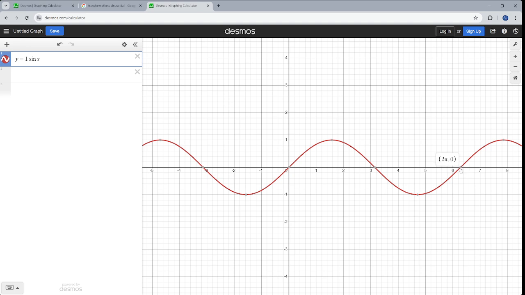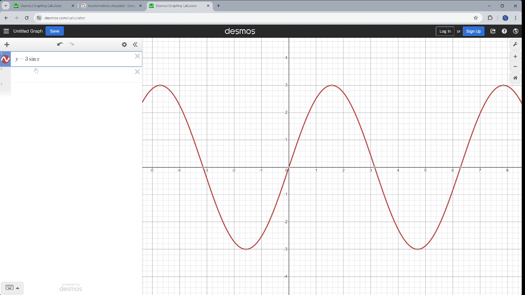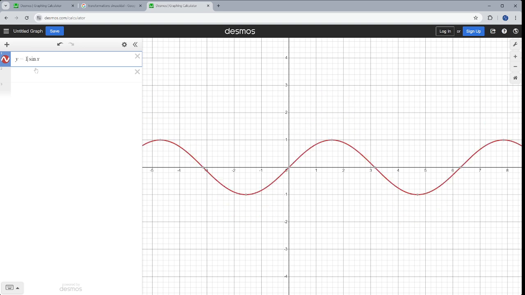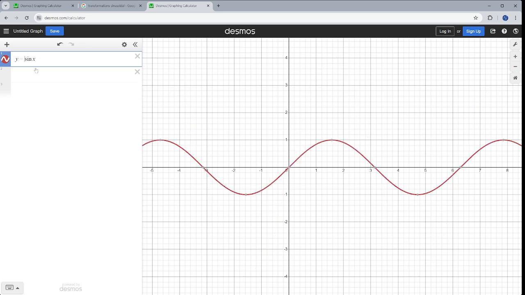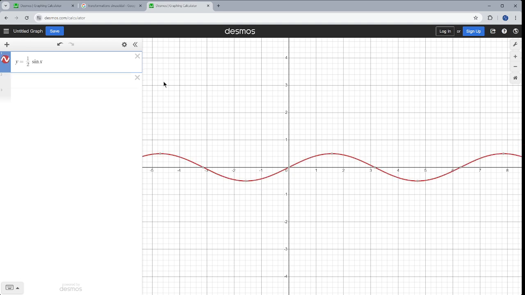And then at 2 pi, we're back in the middle, and at 3 over 2 pi, we're at our minimum, right? So that's always going to happen regardless of amplitude. We can change it up, but look at how the points just move vertically, right? We're just stretching it vertically. Same as if we were to compress it. These points don't move. This is still our maximum. This is still our minimum. Their zeros will always be here when we're messing with amplitude.